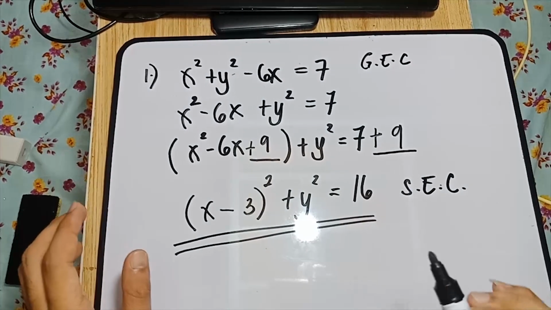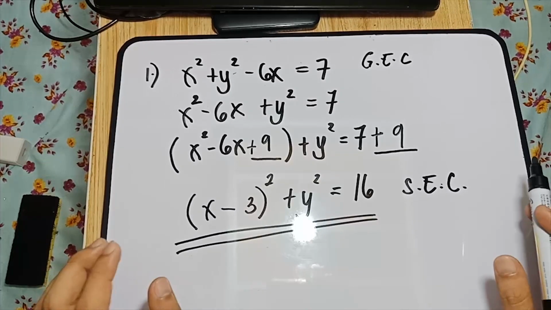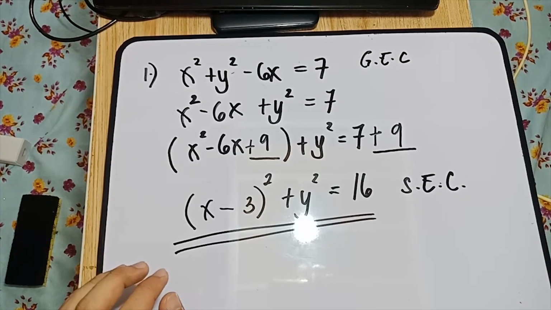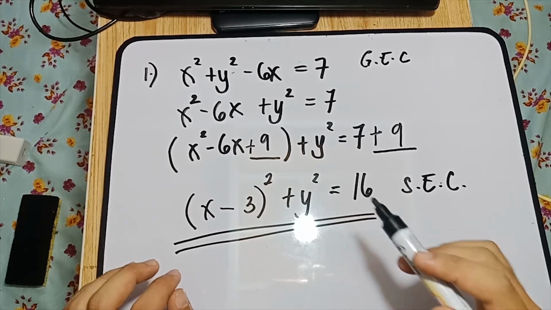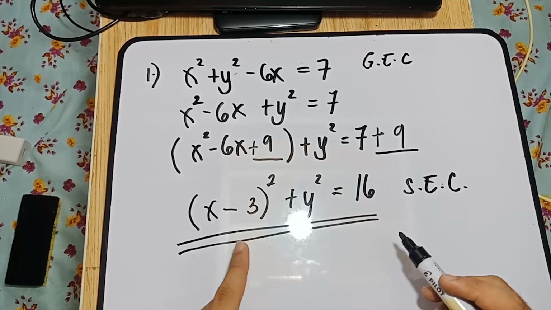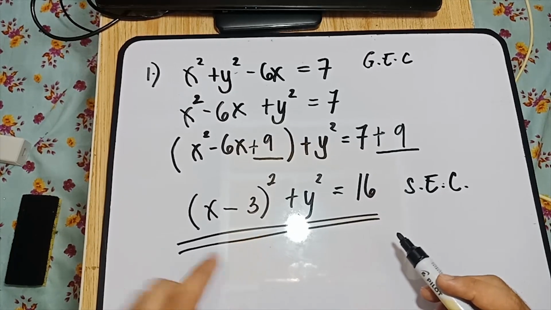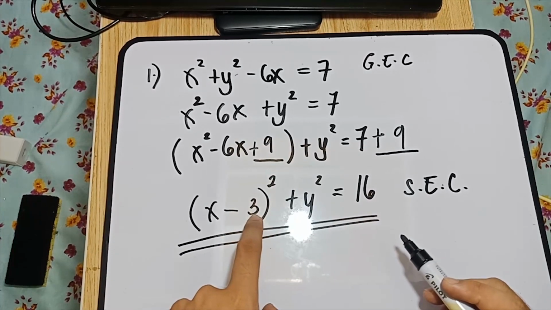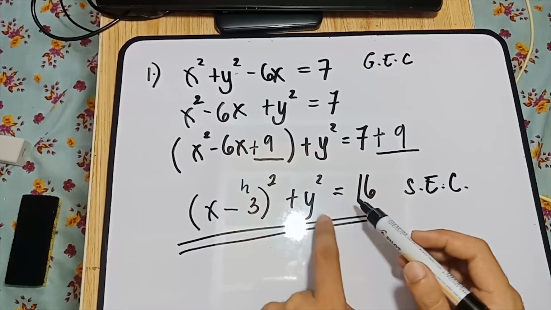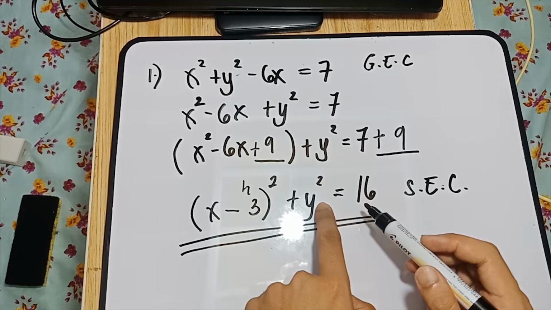May karagdagang tanong. You are required to find the center and the radius of the circle. So, by observation and inspection, this is H, and yung K natin dito, 0.